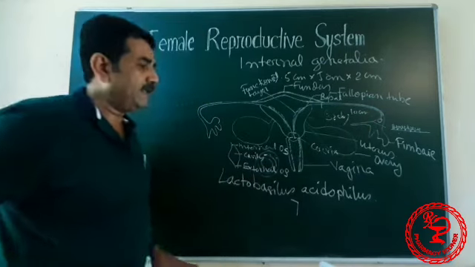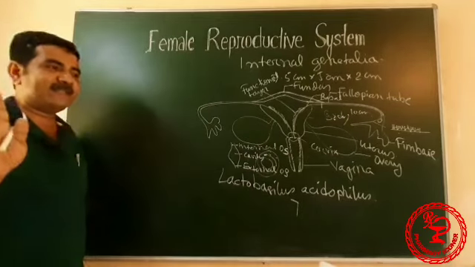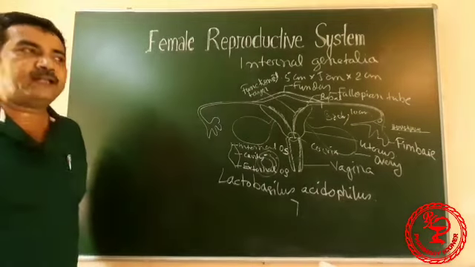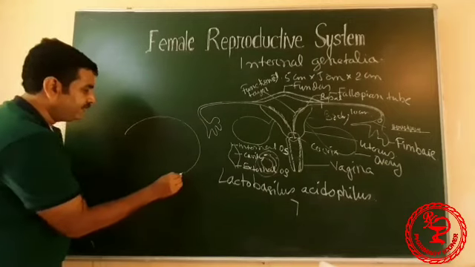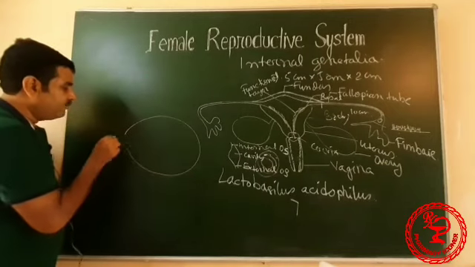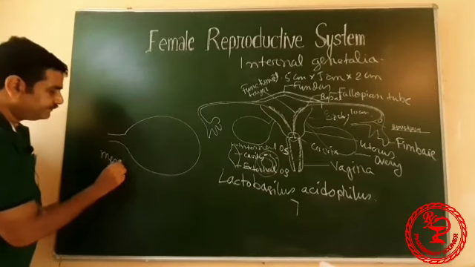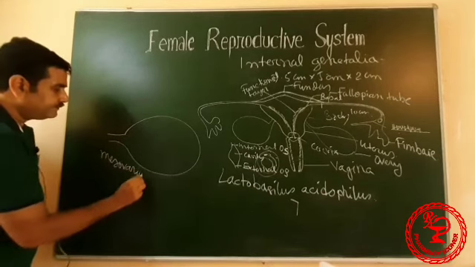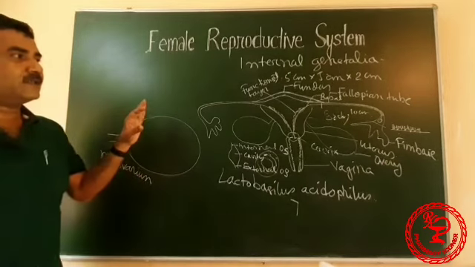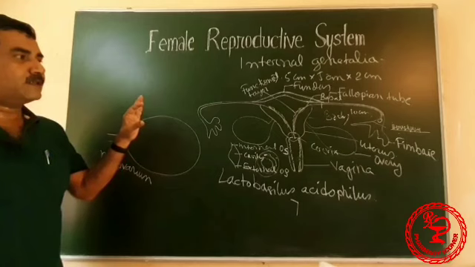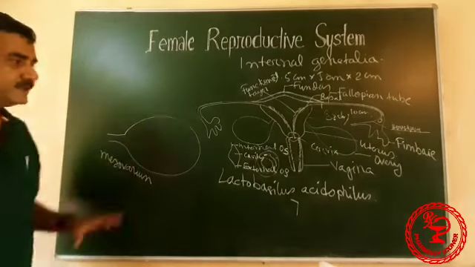Next part is the ovary. There are 2 ovaries present in the female reproductive system. The ovary is attached to the uterus by the mesovarium.